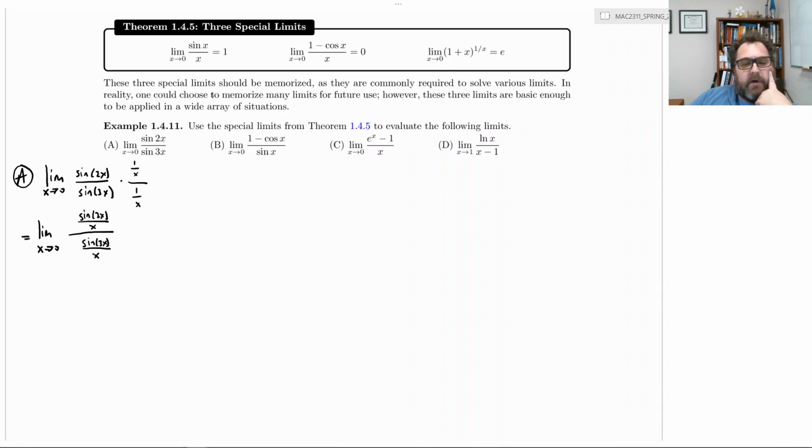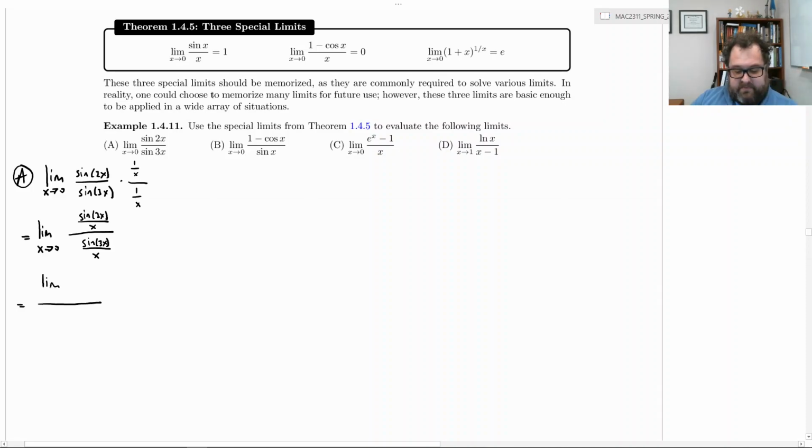Okay, but remember we have what's called the quotient property of limits, which says if you have the limit of a quotient, you can take the limit of the numerator and denominator individually. So let's see if we can rewrite using that property. So now we're going to have a big fraction bar with a limit on the top and on the bottom.